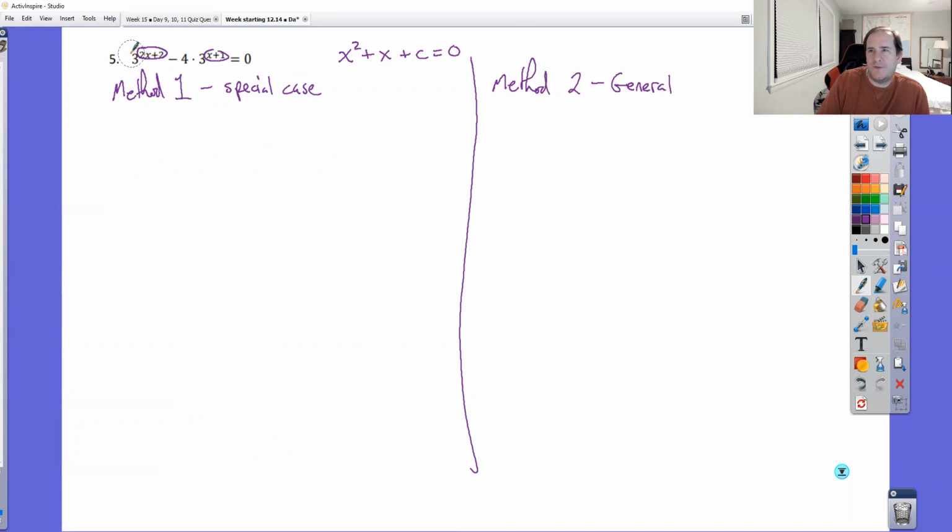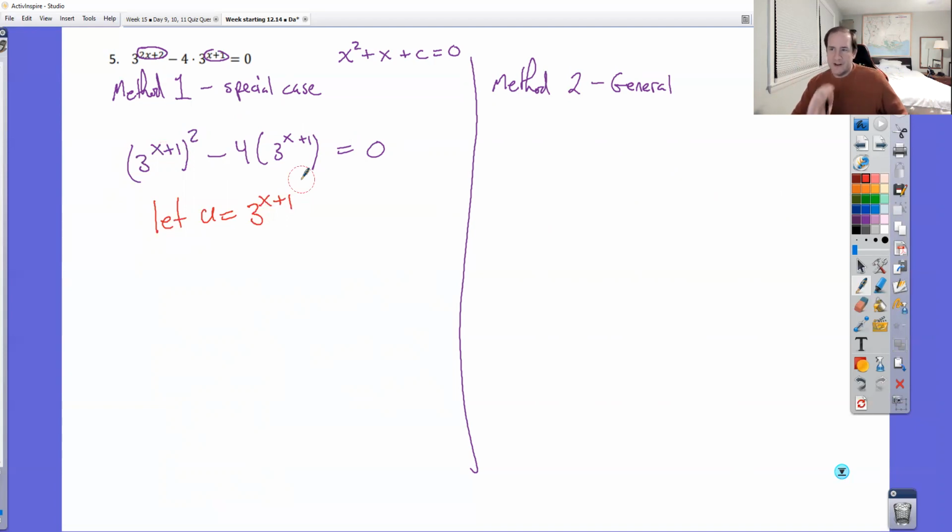So for this, you could just factor out the 2 and you would get 3 to the x plus 1 just times 2, or pulling that out squared. And then it's minus 4, 3 to the x plus 1, and it all equals 0. So we can see that we do have, essentially a variable and then that same variable squared. So I can make that u substitution letting u equal, and this is slightly different, but it would be 3 to the x plus 1 instead of just 3 to the x.